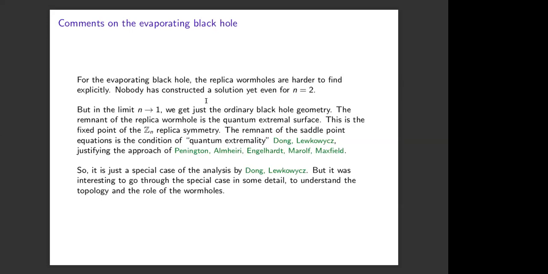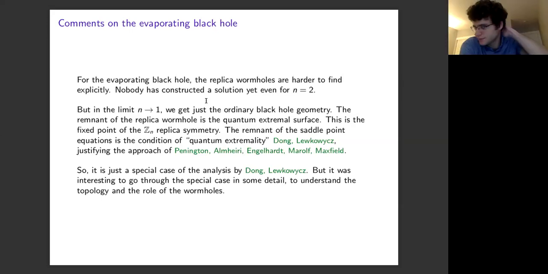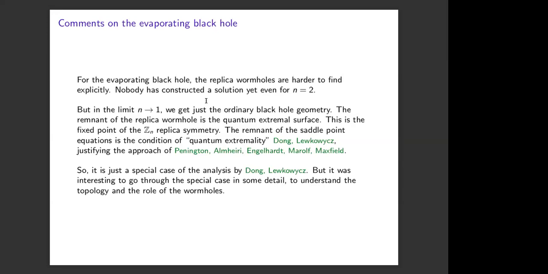I was just wondering what would be the issues if we were to just try and extend this calculation and say, well, it seems likely that there'll be extra replica wormholes, even though we can't find them at n equals 2, etc. The n equals 1 argument goes through because it's so simple. That seems something that should work more generally.